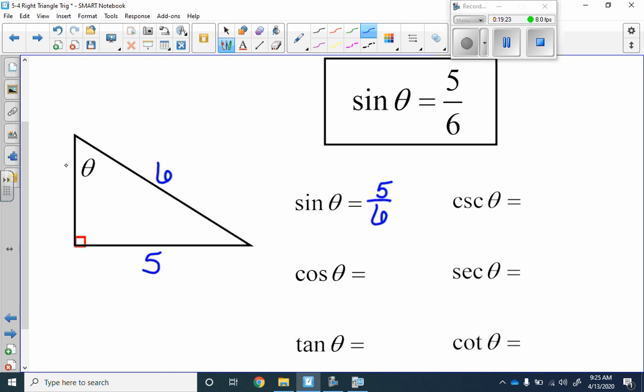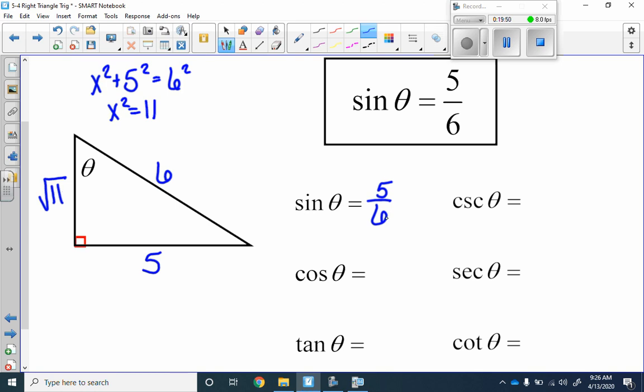Well, now think about how you're going to find the other side, and that's where our Pythagorean theorem comes into play. x squared plus 5 squared equals 6 squared. So if we take 6 squared, which is 36, and subtract 25, I get x squared is equal to 11. That means that my adjacent side right here is the square root of 11.